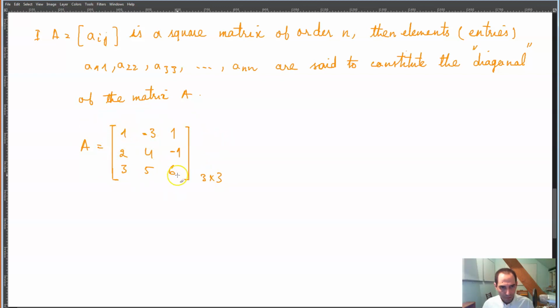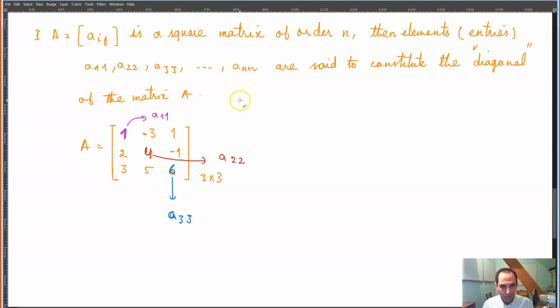Now this element over here, this 1, is basically A11. This element over here, this 4, is A22. And this element over here, 6, is basically A33.